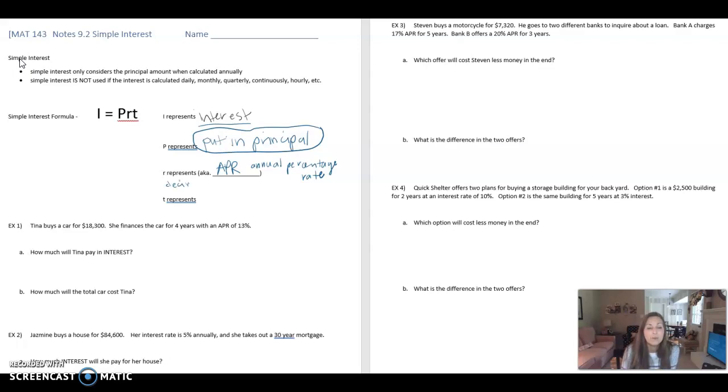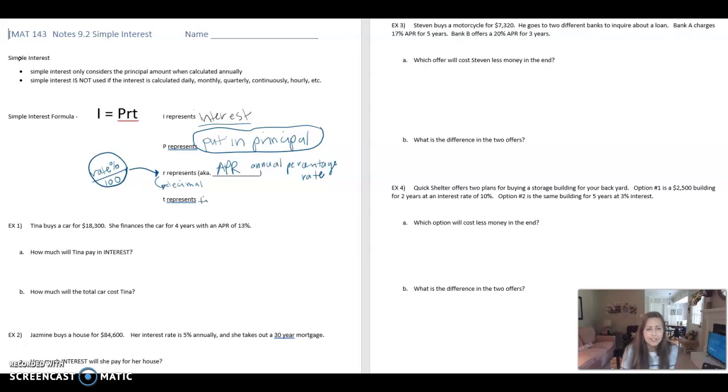Now, we have done this before in other problems, but your rate has to be a decimal. How do you do that? Well, you take whatever rate is given, it's going to be a percent, and then you divide that percent by 100, and that will convert your rate to a decimal. So this is very important. This little trick right here, divide it by 100 and it'll convert your rate to a decimal.